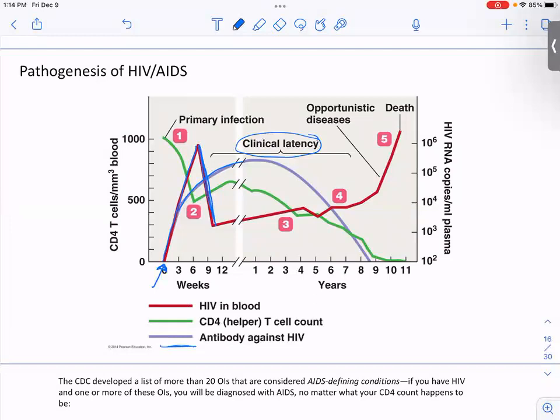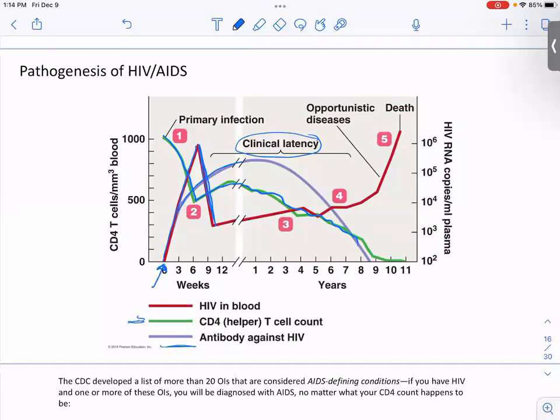And as it's replicating, our green line here is the CD4 helper T cells. Those helper T cells are over time going to diminish. And of course, those cells are vitally important to activate not only our cytotoxic T cells and cell-mediated immunity, but also our B cells to activate them to make antibodies.